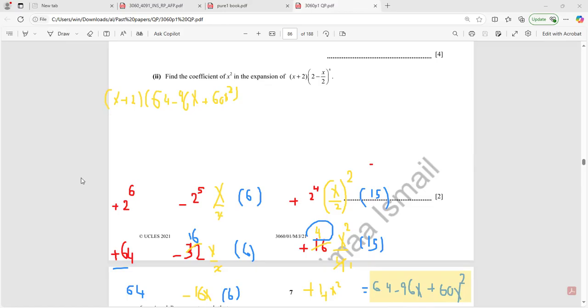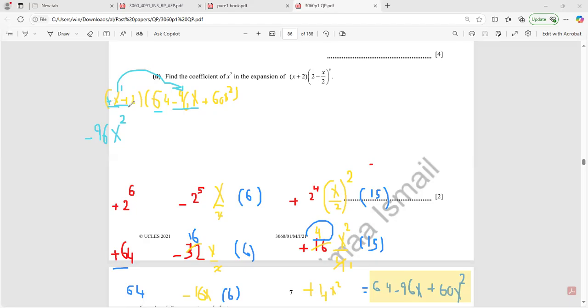So let's pick the x squared terms. Here, x multiplied by 64 does not give x squared, so no need for it. The x multiplied by negative 96x gives a coefficient of x squared: negative 96x squared, because here we have a positive sign.